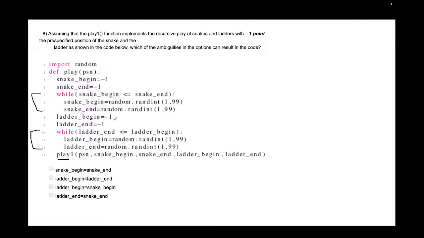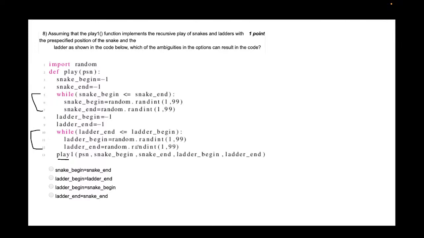The code is doing nothing. It is just taking some initial positions: player position, the snake beginning and ending, ladder beginning and ending. That's all. If the position is at the ladder beginning, we'll rise up. If it's at the snake beginning, we'll fall down.